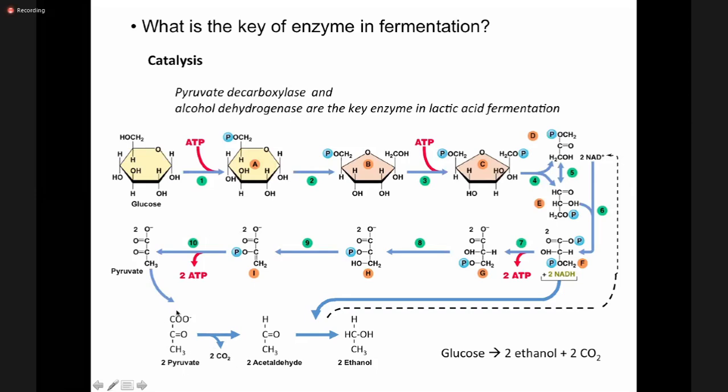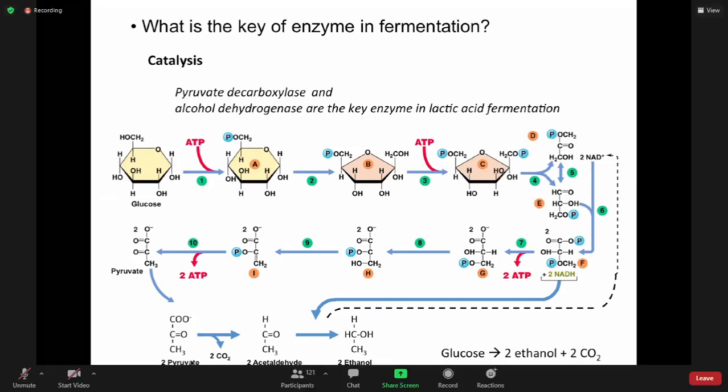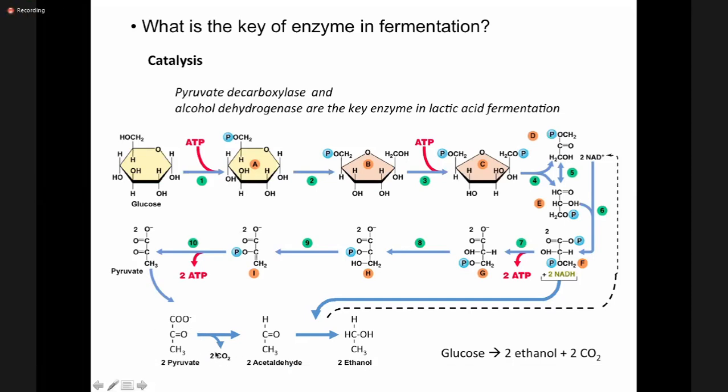So this enzyme, pyruvate decarboxylase, removes carbon dioxide from pyruvate, then produces acetaldehyde. Then acetaldehyde is reduced to ethanol. That's ethanol fermentation.